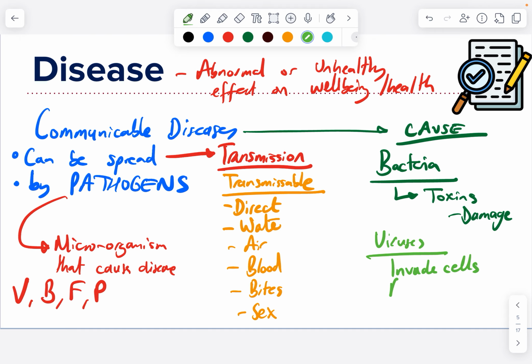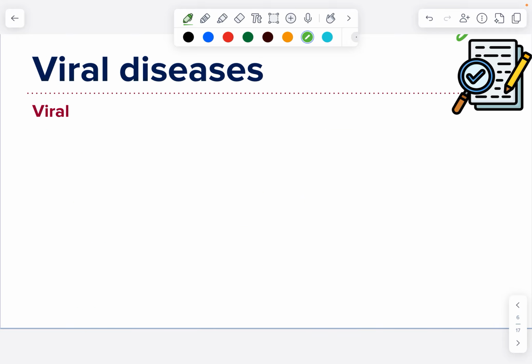They reproduce inside the cells. They alter the host DNA and they cause cell damage. So, 4 types: viral diseases, bacterial diseases, fungal diseases, and diseases caused by protists. So we're going to focus on viral diseases.